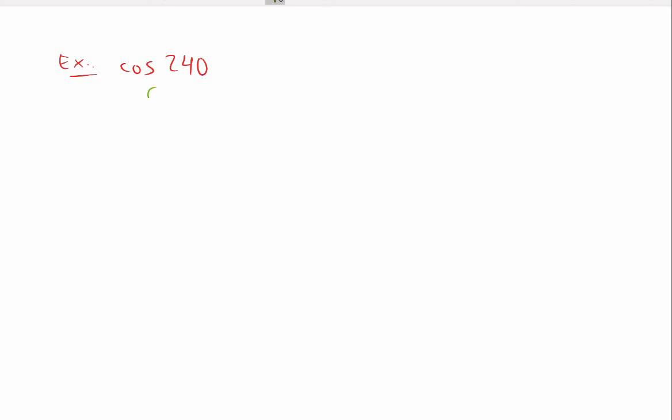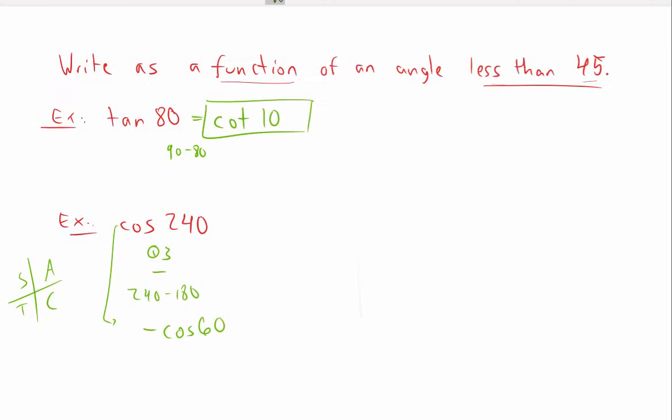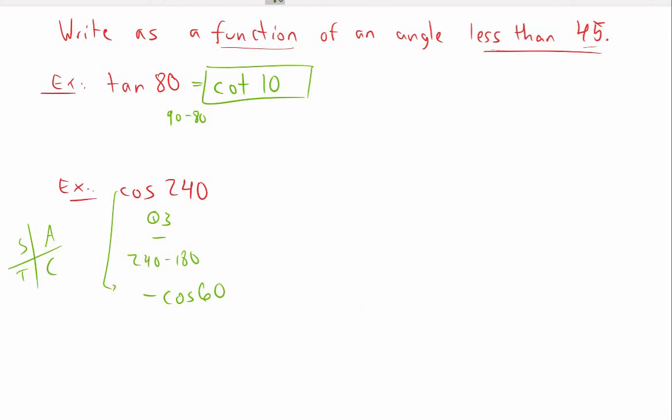So I'll say 240 terminates in the third quadrant. And in the third quadrant, cosine is negative. And in the third quadrant, our reference angle is theta minus 180. So cosine of 240 is equal to negative cosine of 60 degrees. All right, but I still haven't satisfied the directions. It said of an angle less than 45.